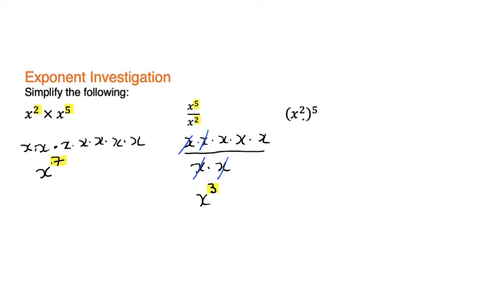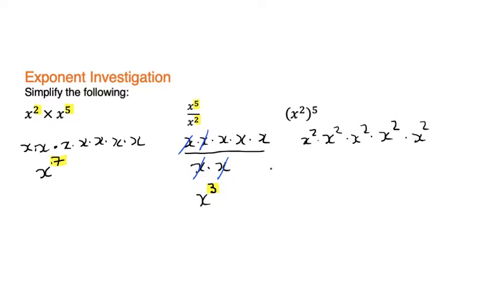The last one is what happens when you have an exponent that is taken to another exponent. Well, let's see. This x squared is multiplied by itself 5 times. So that's what I'm going to do.